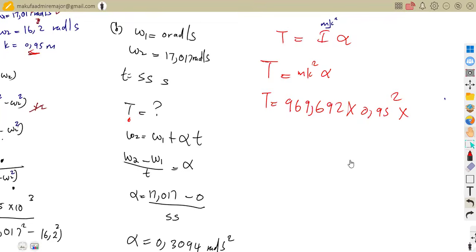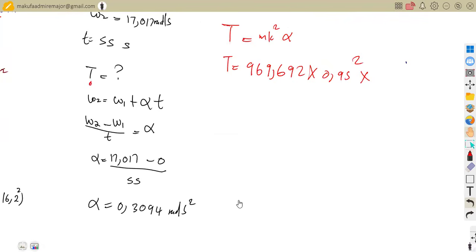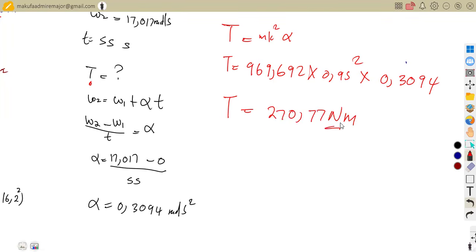The purpose of calculating alpha was because we need it here. So now that we have it, let us write it. That's our torque in this case, which is 270.77 newton meters.